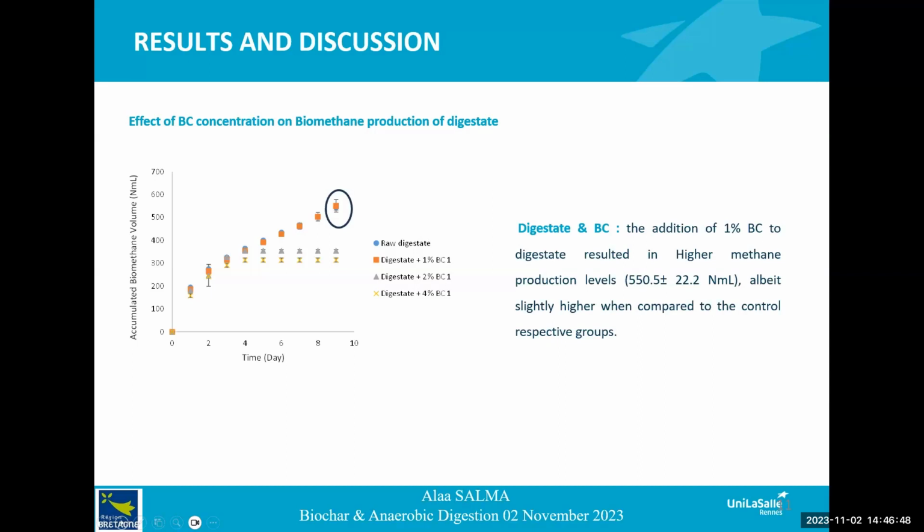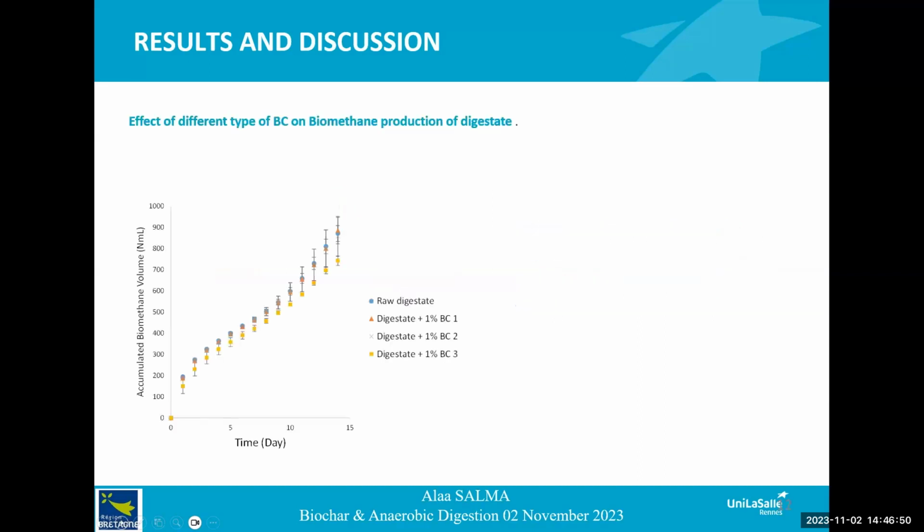In the next slide, you can see the effect of different types of biochar on biomethane production of digestate. So the figure here shows the profile of accumulated biomethane volume, where the effect of different types of biochar were tested after 14 days.